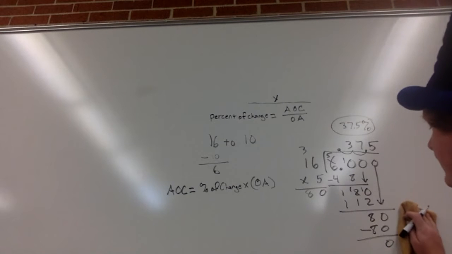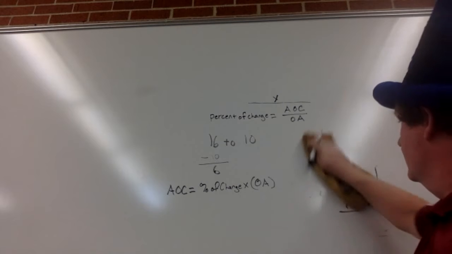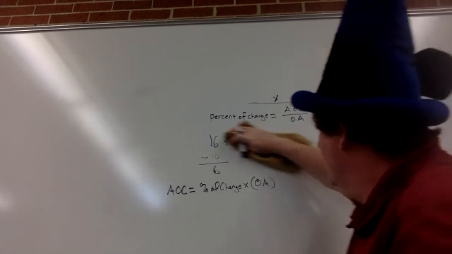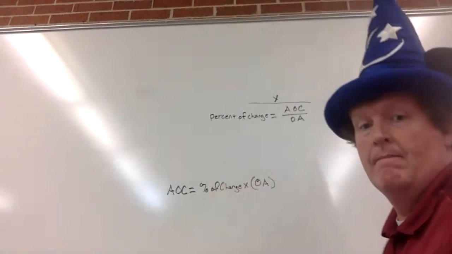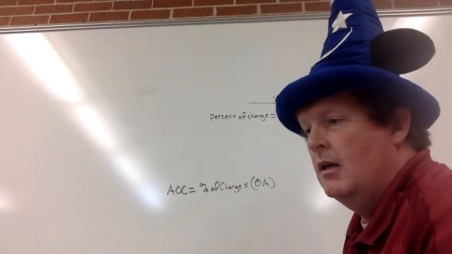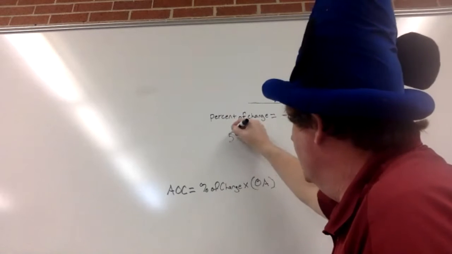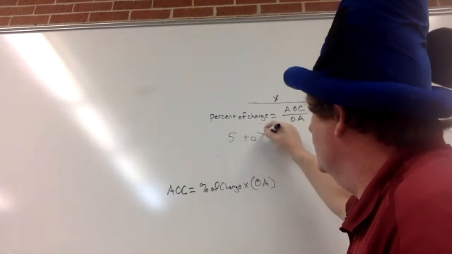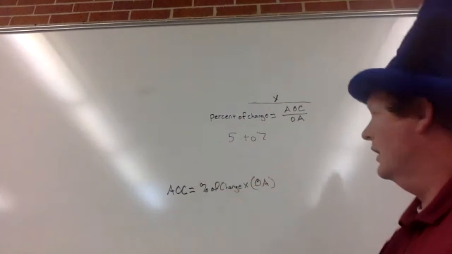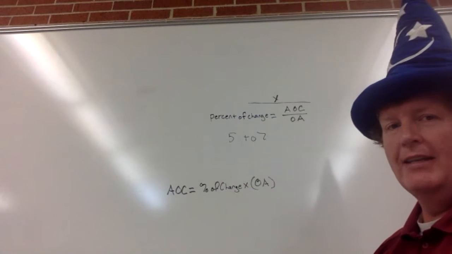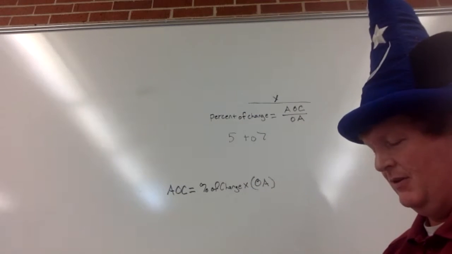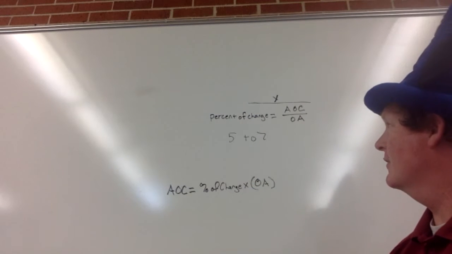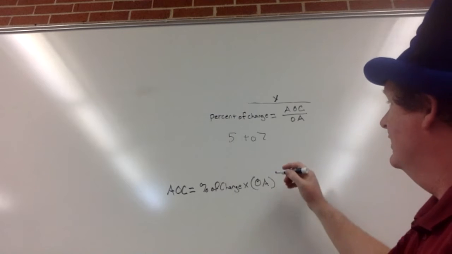All right. Moving on to number 6. Okay? And that one says 5 to 7. Okay. All right, Addison, what's our first step? Subtract. Correct.